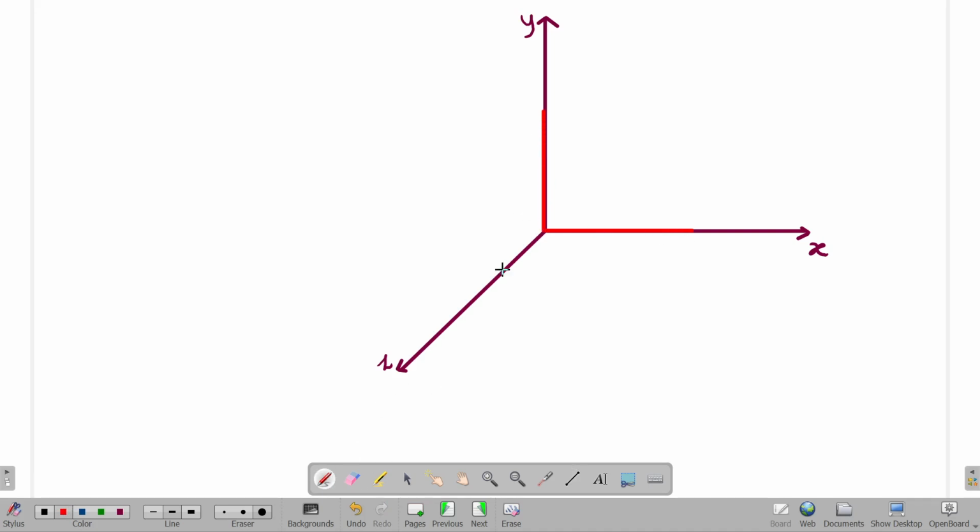You want to find the magnetic field at point C, and these wires are infinite along these axes. This is point C.